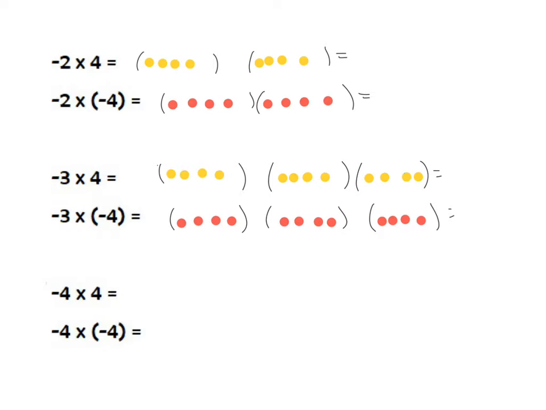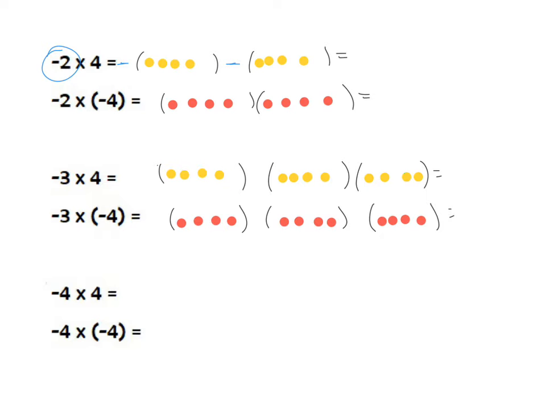Now let's take a look at this in a different way. Let's say that I have negative 2 times 4. You'll notice I set up the problem in the same way, that I have 4 positives and I'm doing it twice. But I have a negative 2 here. What that means is instead of adding 2 4 times or adding 4 2 times, what I'm going to do is subtract 4 2 times.